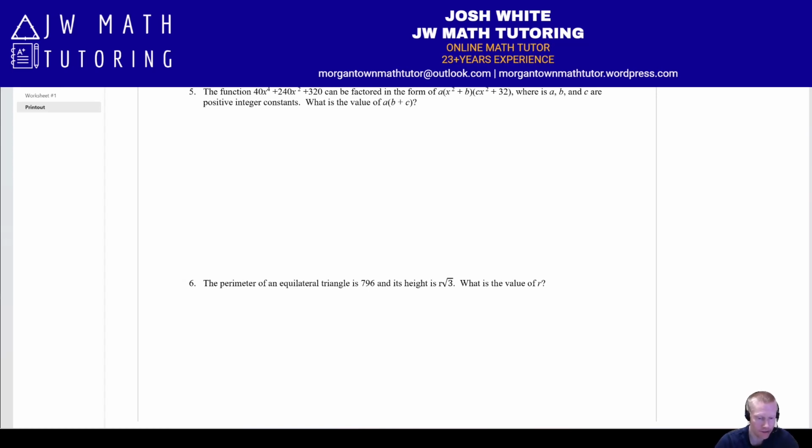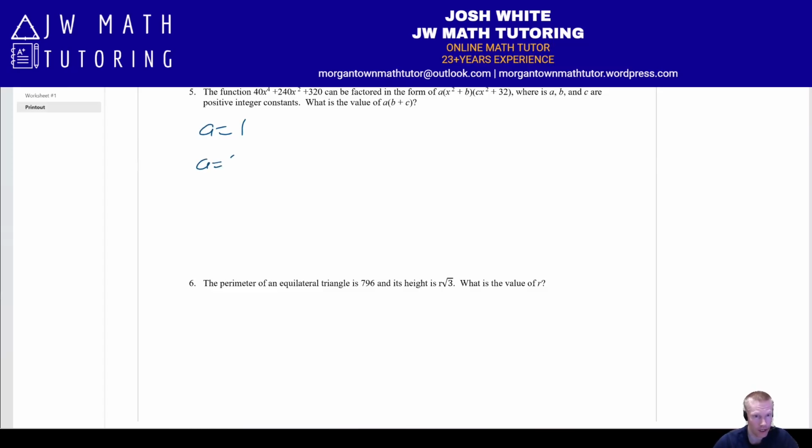The reason this is a tricky problem is because there are multiple ways that you can start the factoring. a is going to be the common factor that you pull out of all terms. So you could technically just do a equals 1 and leave it as it is.